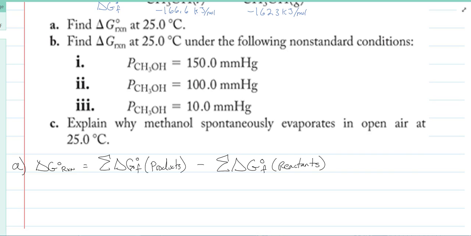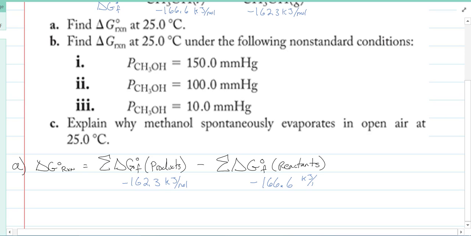We know that the products would be negative 162.3 kilojoules per mole, and the reactants is negative 166.6 kilojoules per mole. So delta G of my reaction equals that minus that.